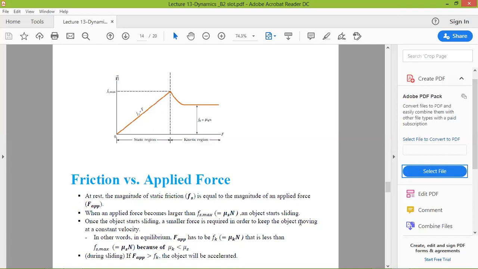The object normally starts sliding when the static friction force equals mu s times N.